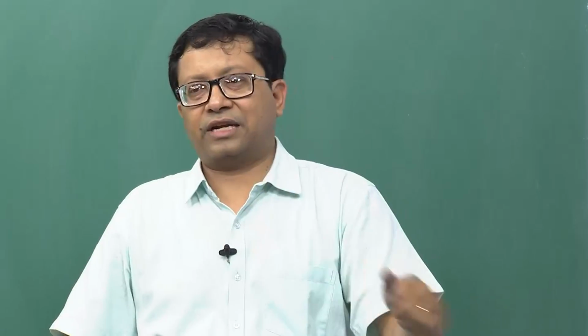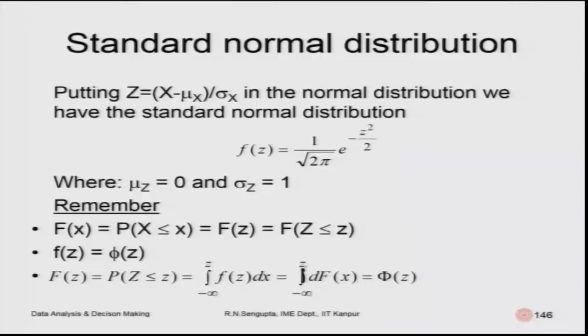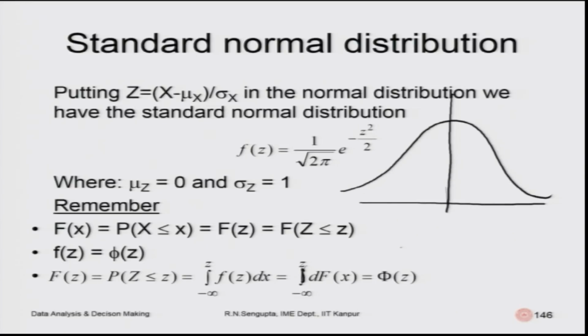So, if you look at the z distribution, the diagram is going to come within a few minutes, but I will just draw it. So, this would be the standard normal, and this would be the mean value, which is 0, my apologies. So, this would be the mean value corresponding to the standard normal deviate, and these are the standard deviation values for the standard normal deviate.